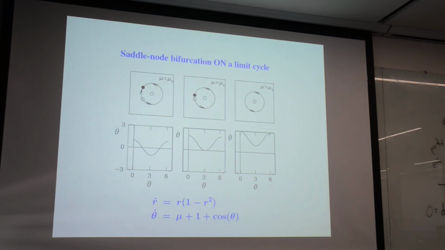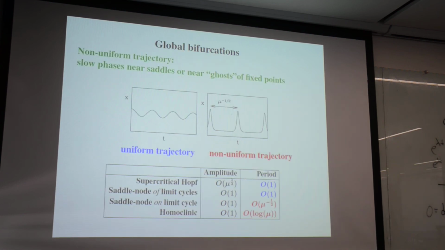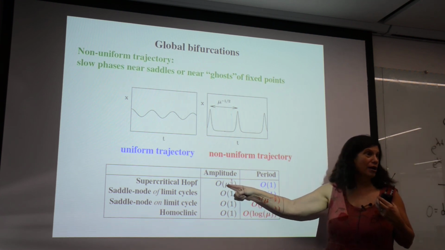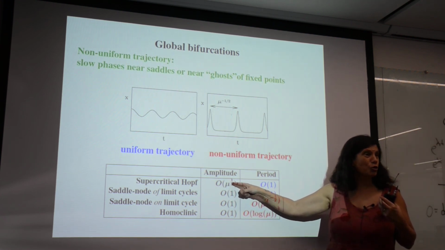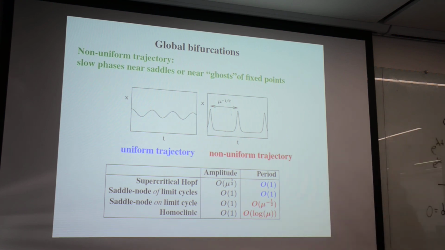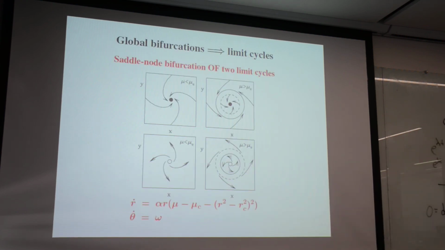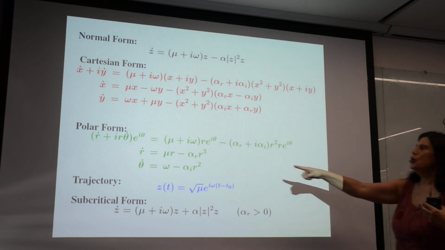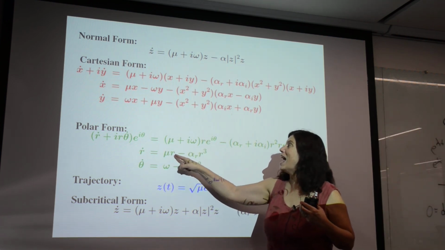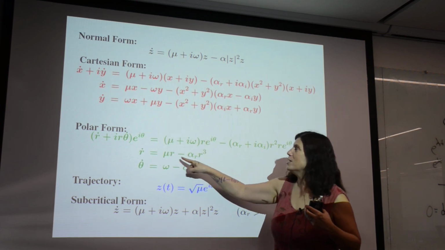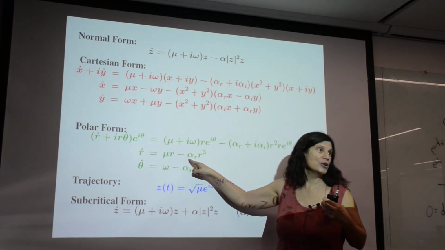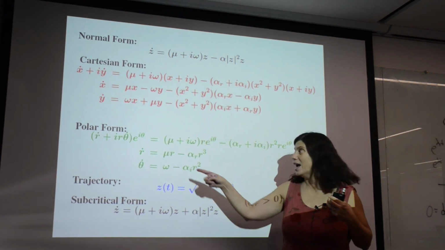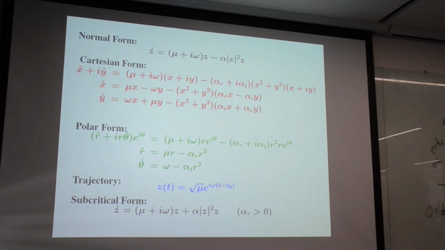If you looked at your experimental or computational limit cycle, what you would see is that the amplitude, the R, is changing. And it changes like the square root of mu because, as we saw, the solutions to this are R equals 0 and R squared equals mu over alpha. So R goes like the square root of mu over alpha. The amplitude grows from 0.